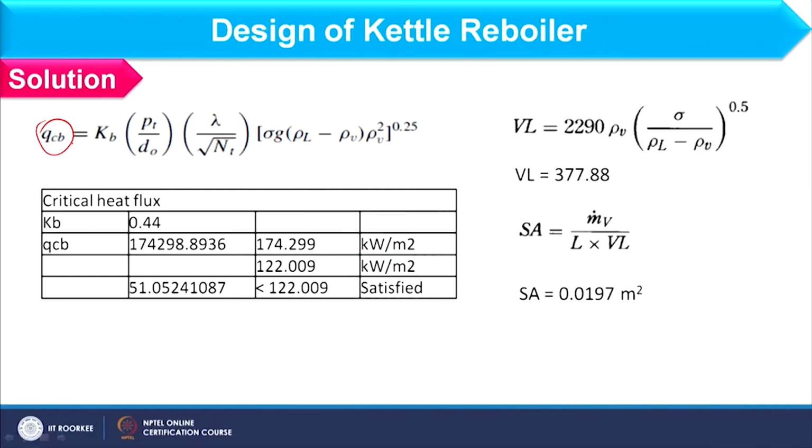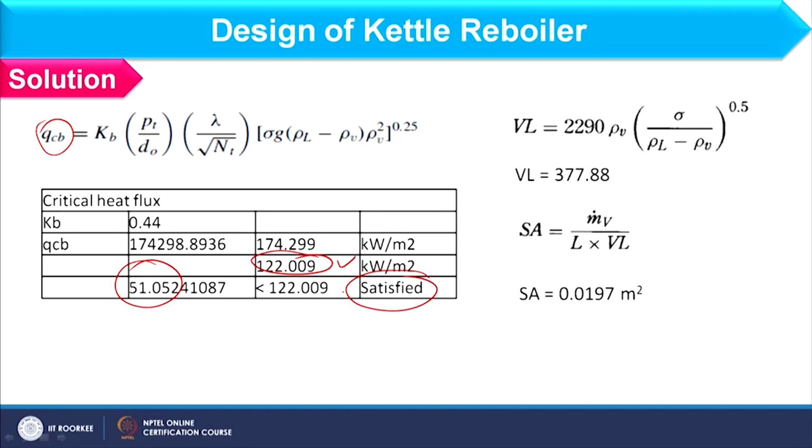Further, we have to check the critical heat flux condition. This is the expression which we have already discussed in the last example. So, I am simply giving the value of 70% of QCB, and that comes as 122.009. System flux we have already calculated in the last slide, and the condition is satisfied in this problem.